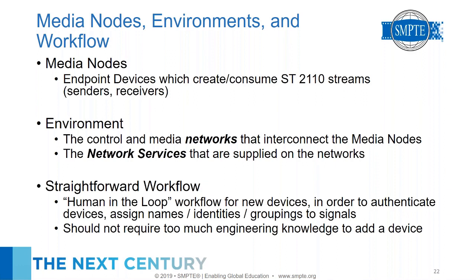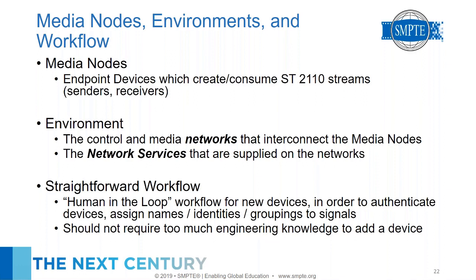Now, straightforward workflow, that's the funniest one of the bunch. We do expect that you need a human in the loop for a new device. People talk about, oh, everything should just be automagic. But really, in a running television facility, typically if you get a new device, you want to at least assign a name to it, so that you know, is this camera 37 or what is it, right? And then typically you also have to assign some permissions and some rights.